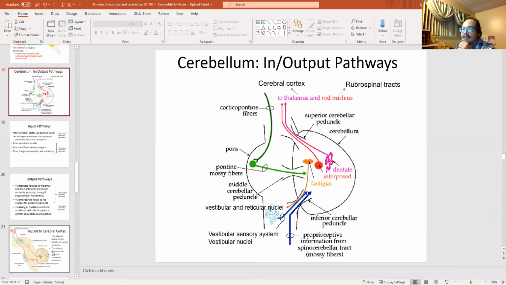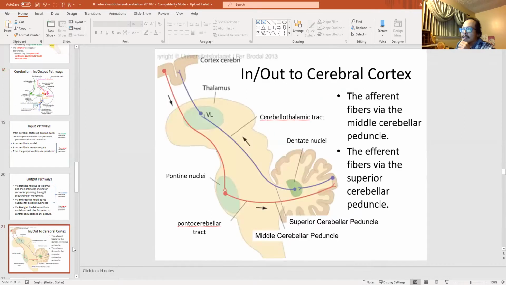All right then. So this is an example of the input and output with the cerebral cortex. Signal from the cerebral cortex will go through the pontine, then go to the middle cerebellum.